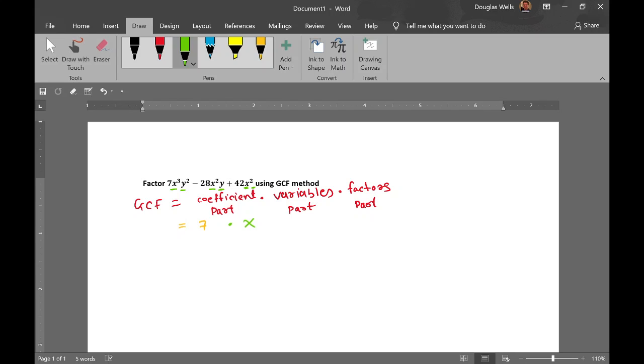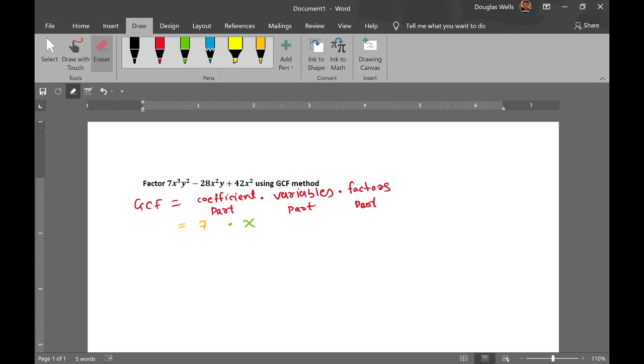Now the question is, what is the exponent for x? The variable part of the GCF always contains the smallest power of a variable that appears in all terms of the polynomial. What I mean is you look at all the terms.